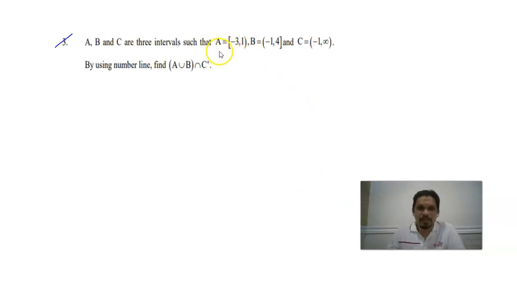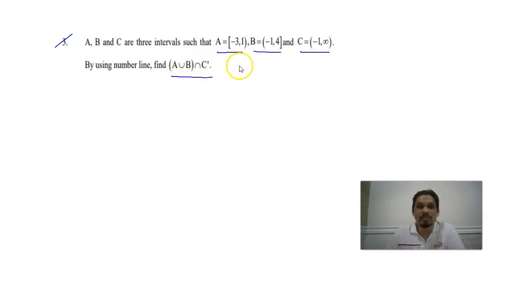Okay, so it's given to us now a set of A, B, and C. So by using number line, find the solution for this statement: in bracket, A union B, and intersect with C complement.